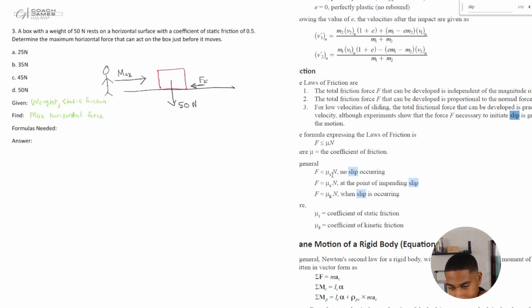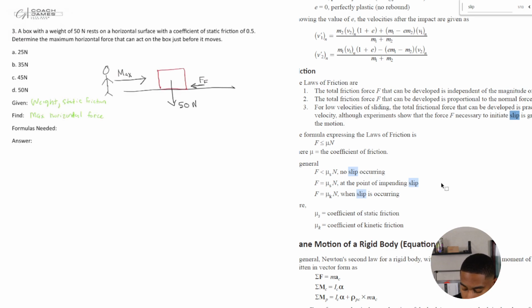If the frictional force is equal to the static friction times the normal force, this is the point at which it could begin slipping. So that's what we want to find, literally the max. This is right at the point before it can begin to slip.